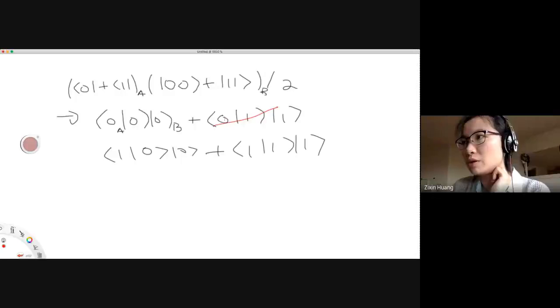Of course, this goes away because this becomes a 0. This goes away because it becomes a 0. So what we end up with is the 0 on Bob's side plus a 1 on Bob's side, with the normalization of 1 over square root 2.